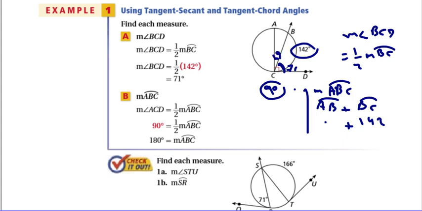This 19 is multiplied by 2, because angle ACB is half the measure of arc AB. So I can say 38 plus 142 equals 180. This is another solution.